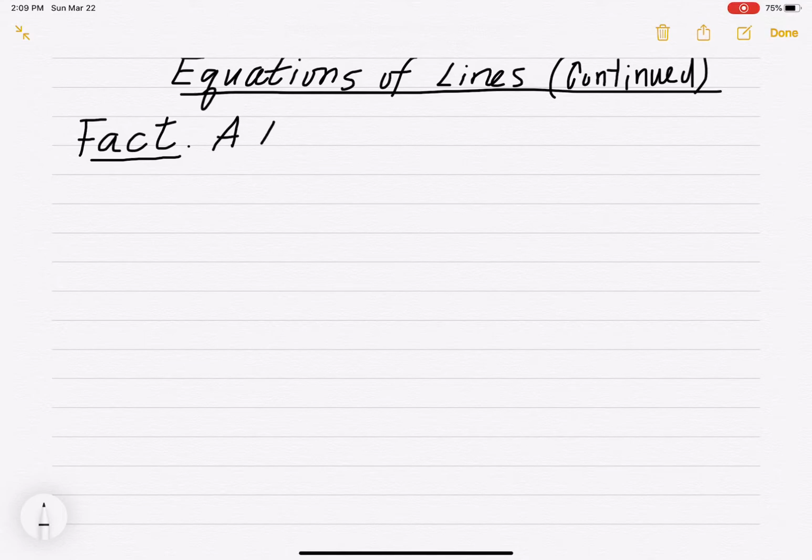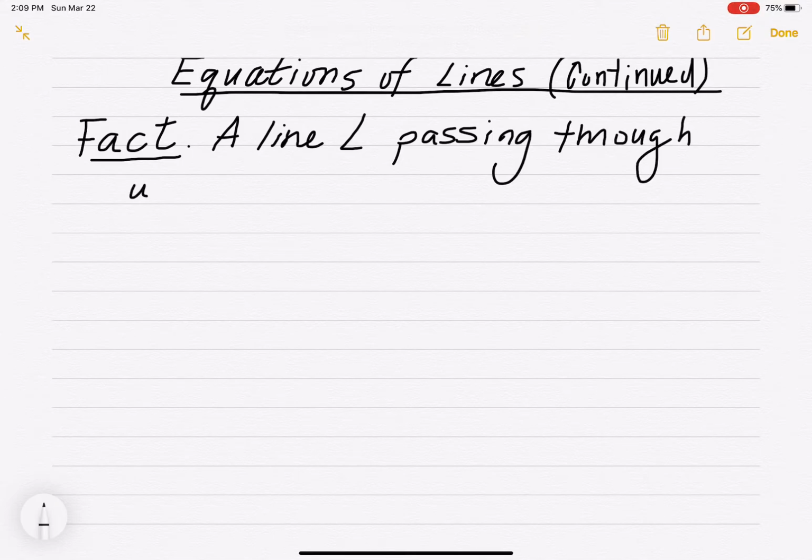A line L passing through a point, let's call this point x1, y1.